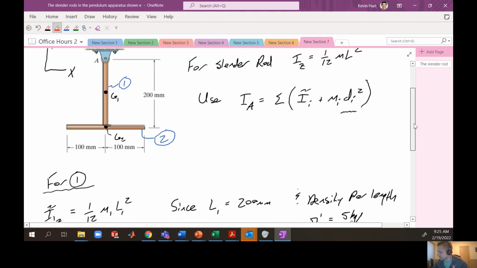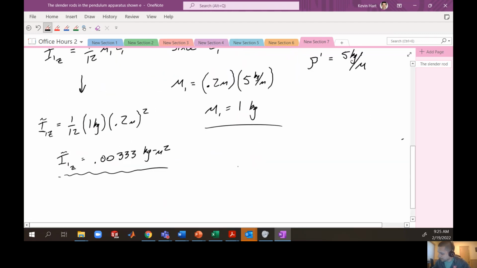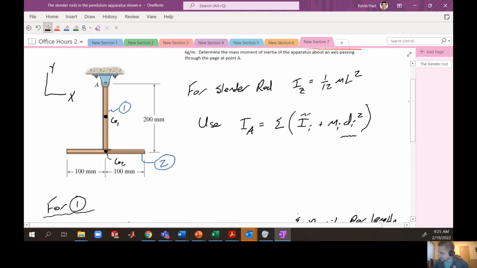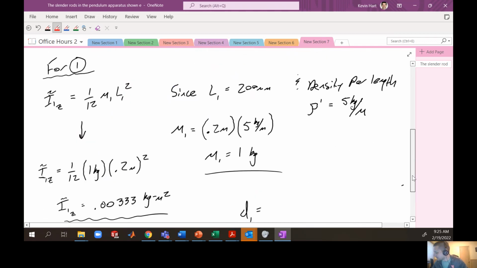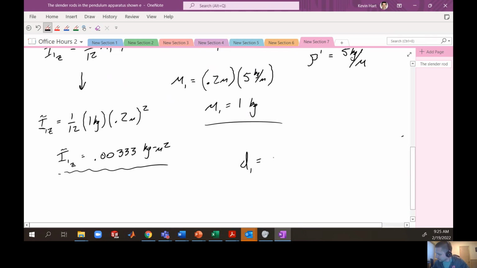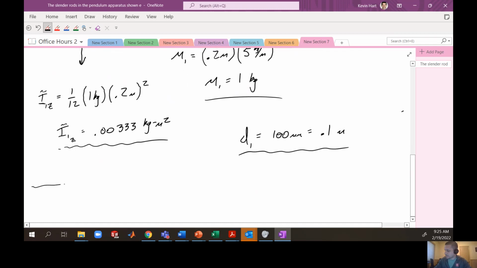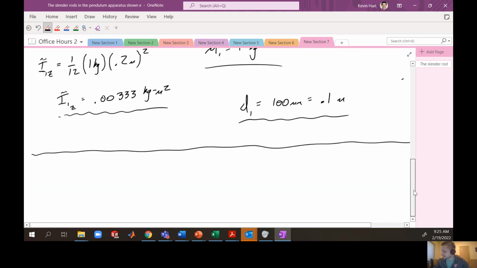So in the case of object 1, D1 is the distance between the axis that passes through this point and the axis that passes through this point. It's pretty easy to see in this case that this is 100 millimeters. So D1 is 100 millimeters, or we're going to work in meters, so 0.1. So there you go, there's D1. Now let's move on to object 2.